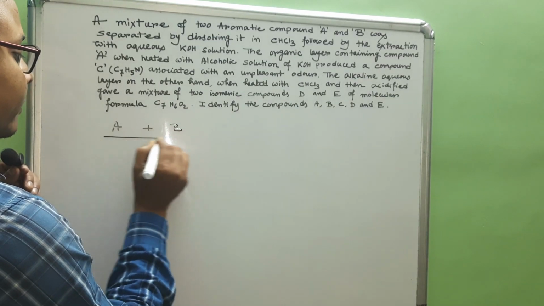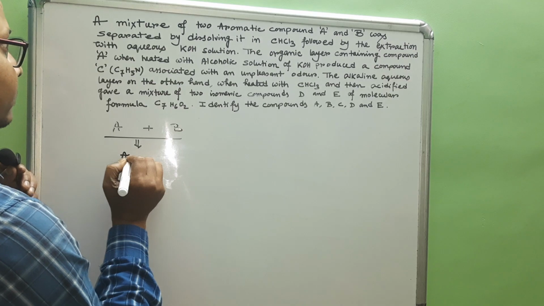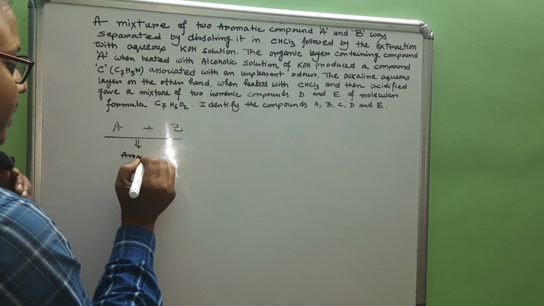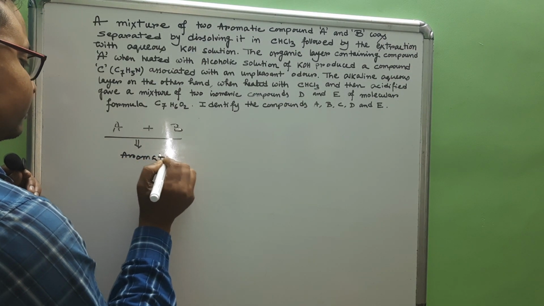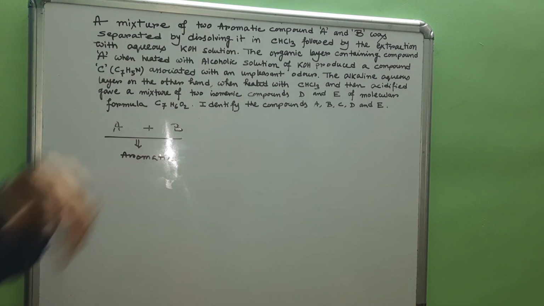So, how will this type of problem be solved? First, compound A and B. This is the mixture. Both the compounds A and B are aromatic. To encounter this problem, you should write down the scheme.